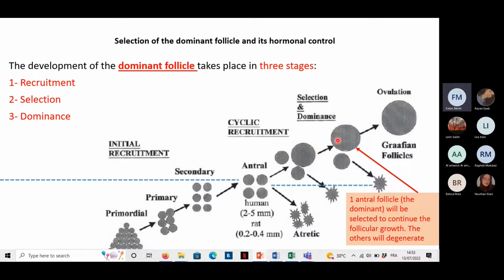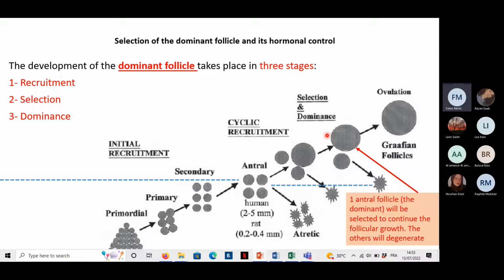So this follicle can grow, and also due to the presence of LH, because this dominant follicle, before its selection, under those follicles recruited under the action of FSH, will start expressing LH receptors on their granulosa cells.